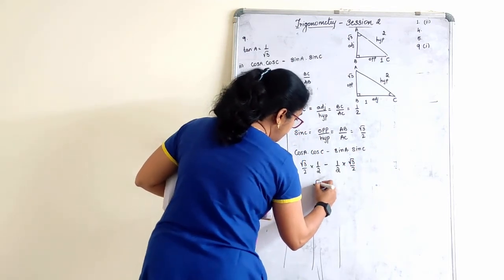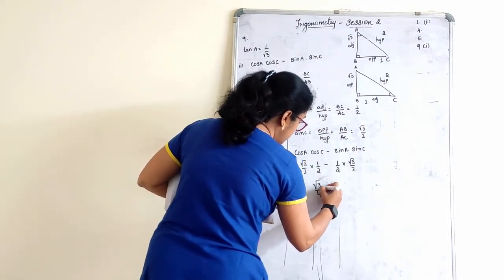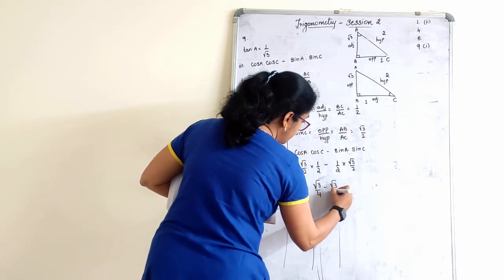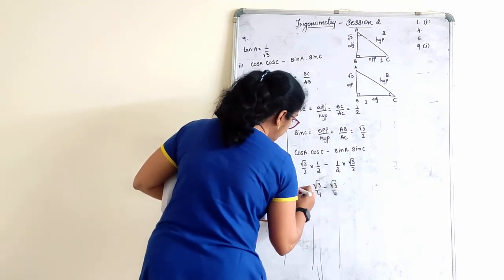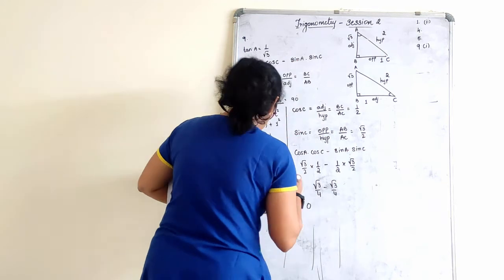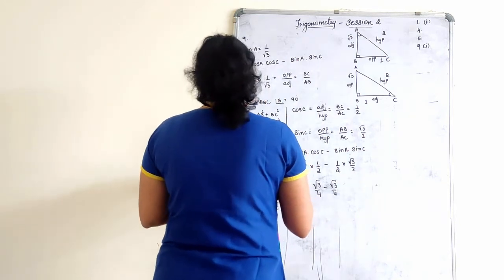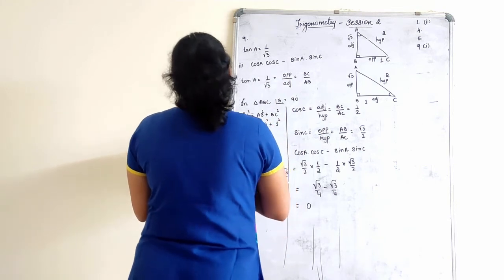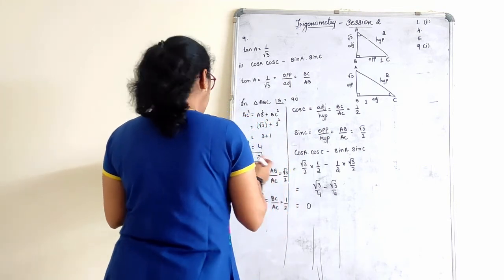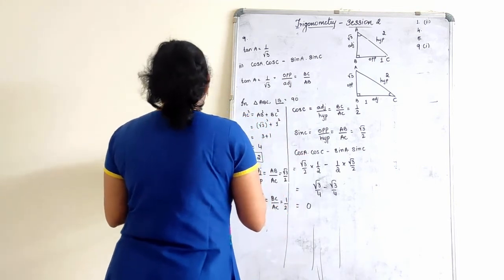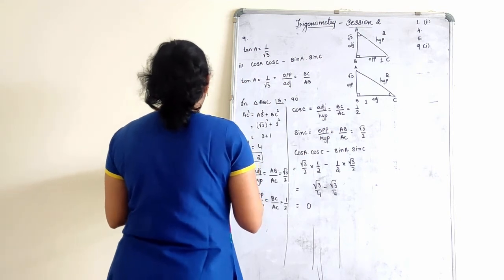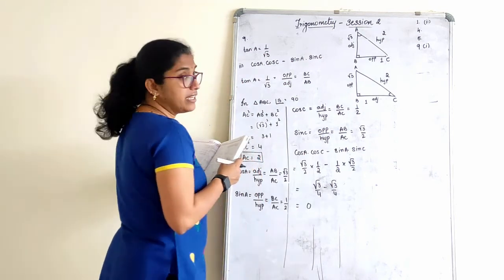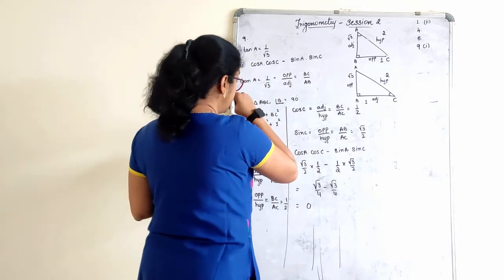Root 3 by 4 minus root 3 by 4. Answer 0. So when we find here, answer will be in terms of 0 because both the values are same, what we have to actually find. Is this part very clear? Similarly, find the first one.